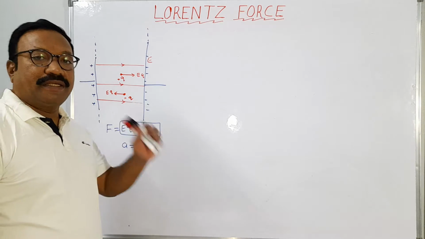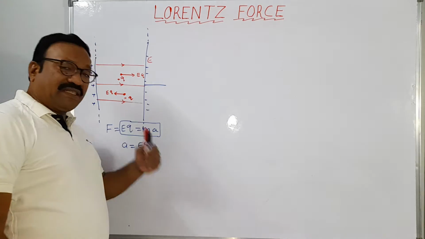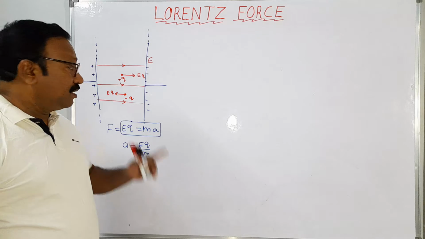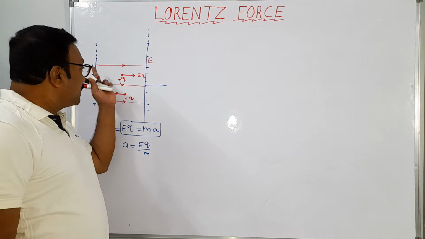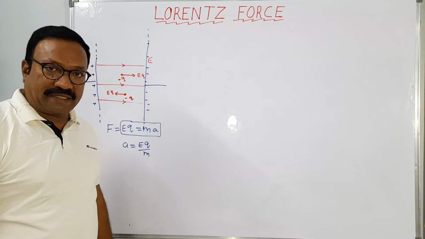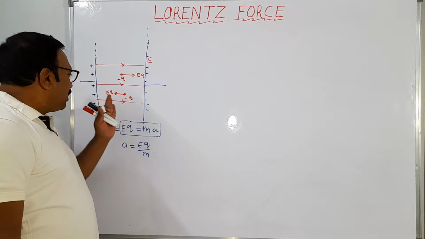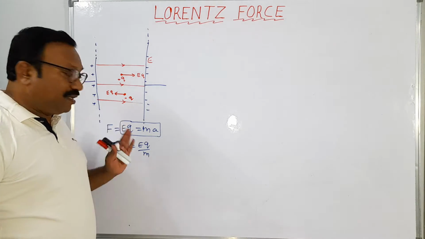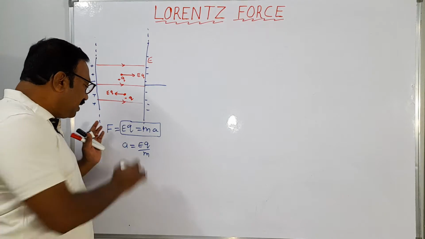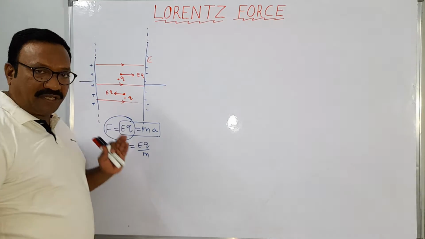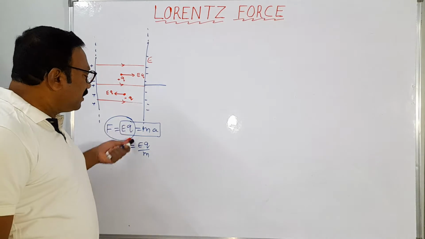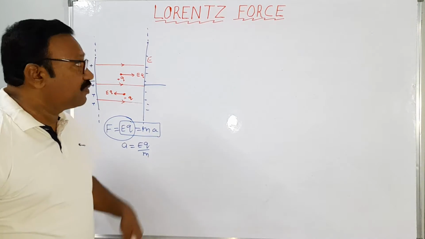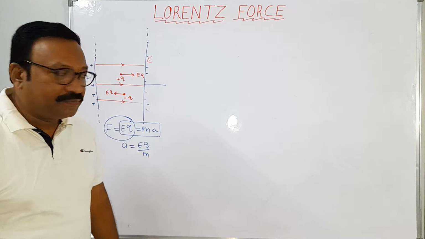Therefore, these two particles are moving with this acceleration in opposite directions. Remember, the positive charge experiences force in the direction of the field, and the negative charge experiences force opposite to the field. And the force is equal to EQ, which in turn is equal to ma. This is one piece of information you are supposed to know before you go to Lorentz force.